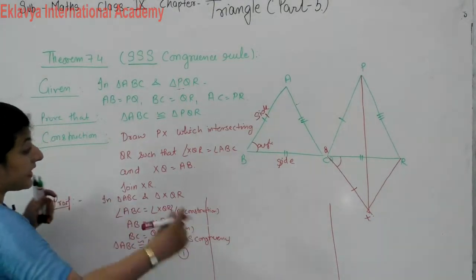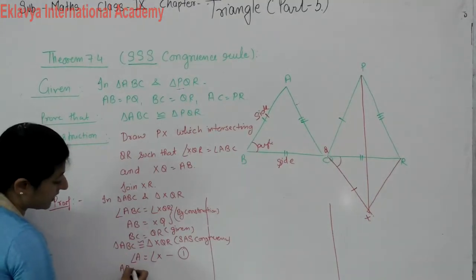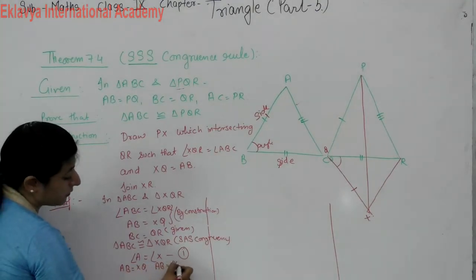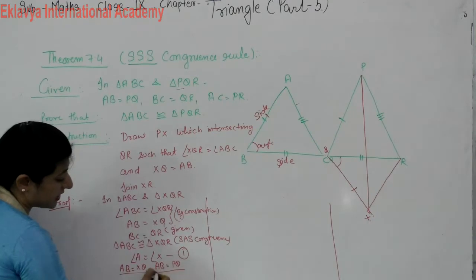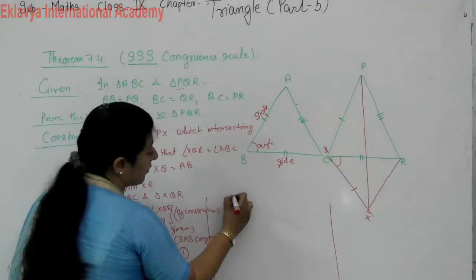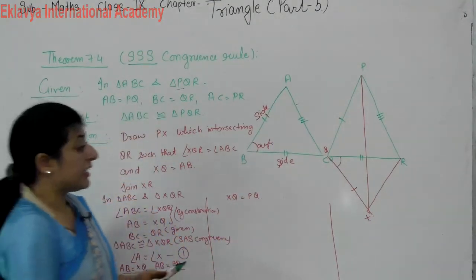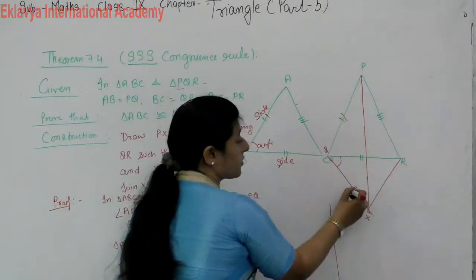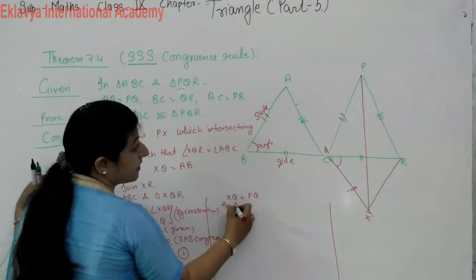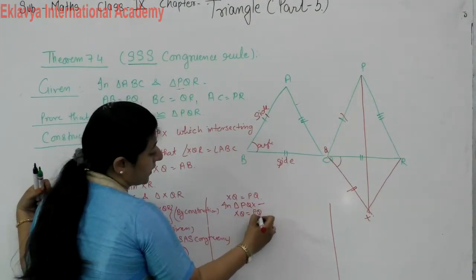Now see, AB is equal to XQ, and AB is equal to PQ. This is by construction and this is by given. Then from these two we can write down XQ is equal to PQ. It means these two sides are also equal. So in triangle PQX, XQ is equal to PQ.